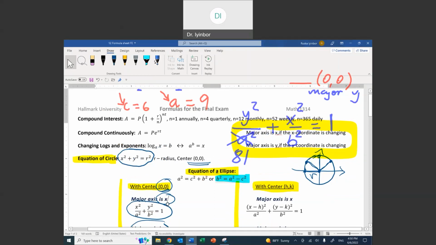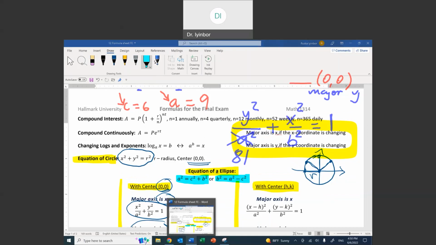If you need to find a, you're going to use this formula. These two formulas are the same formula, but in different forms. They help you find a or b, depending on what you need, because in the equations, you need a and b for the final answer, right?